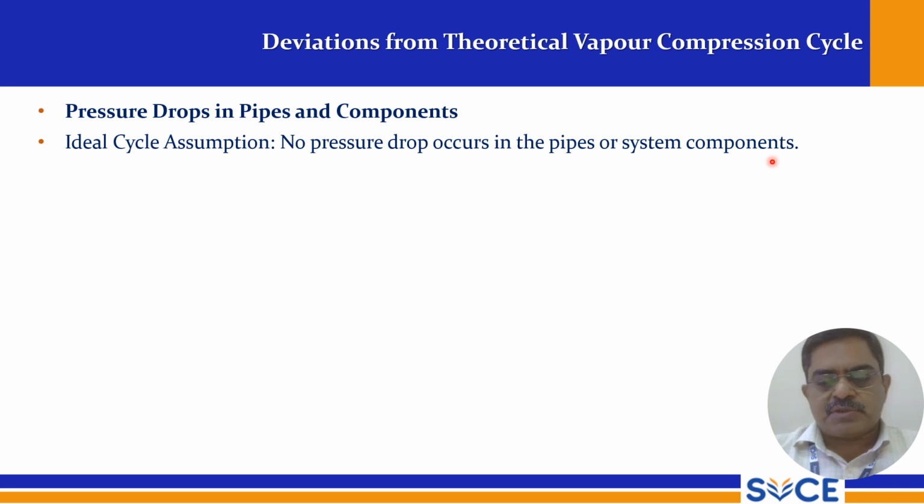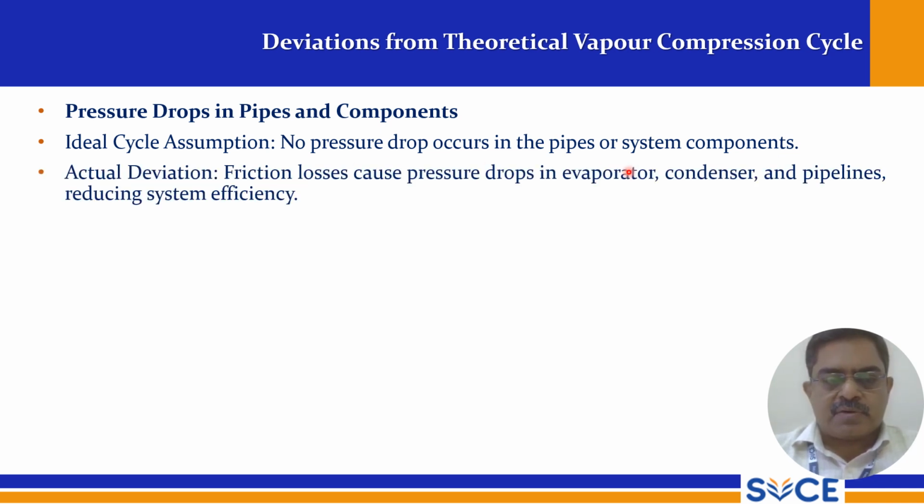But actually the friction losses cause pressure drops in the evaporator, condenser and pipelines, reducing system efficiency. So pressure drops occur during the travel in these components, and ultimately it reduces the efficiency of the entire process.